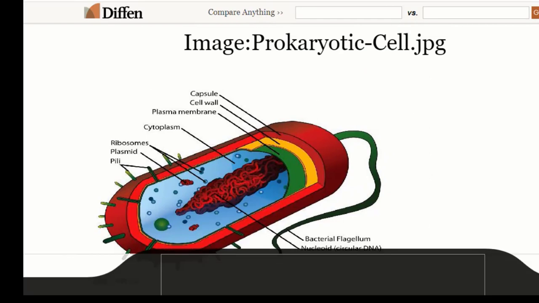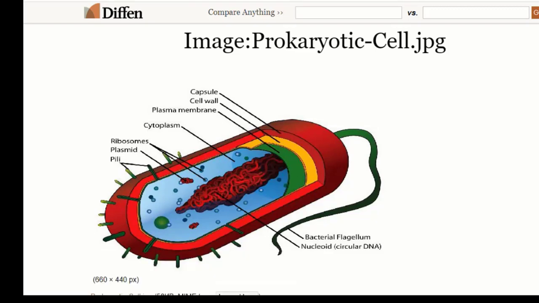I think we had one of these in the previous BLG1502, where we were talking about the differences between the prokaryotic cell and the eukaryotic cell, and that the cell has a cell wall, plasma membrane, cytoplasm, ribosome, plasmid, ribosomal, and villi.